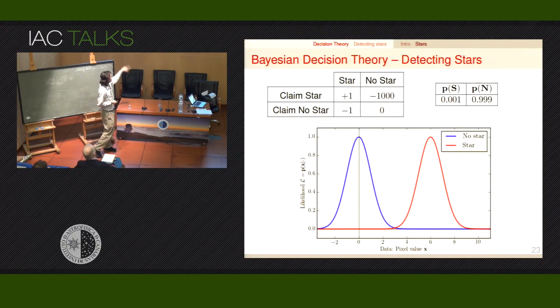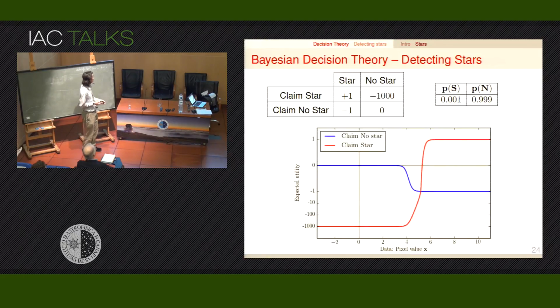Okay, so if you plug each of those pixel values in and compute the expected utilities, you get this, which says, here are the two claims you can make: you can claim that there's no star, or you can claim that there's a star. I'm plotting the expected utility as a function of the pixel value.